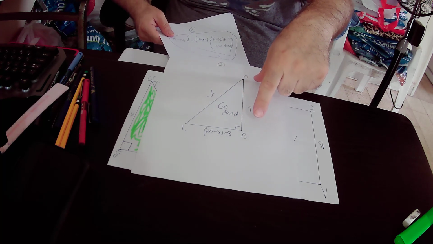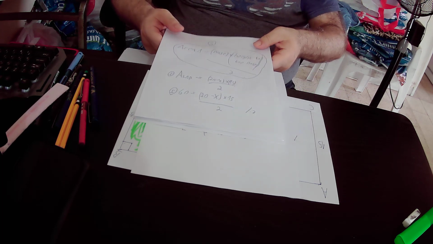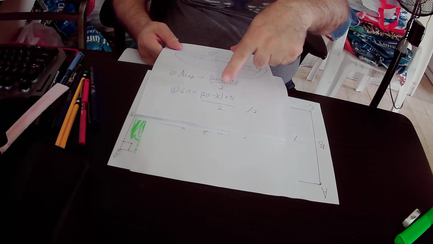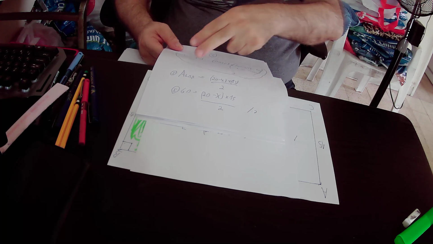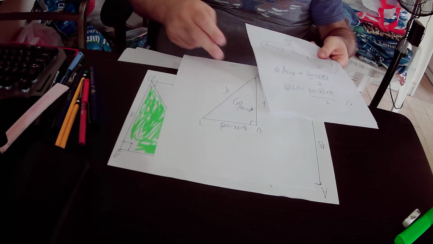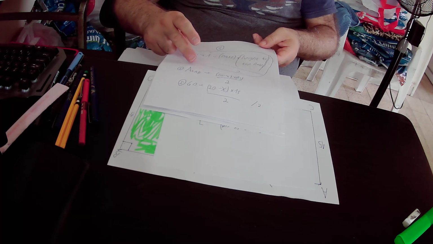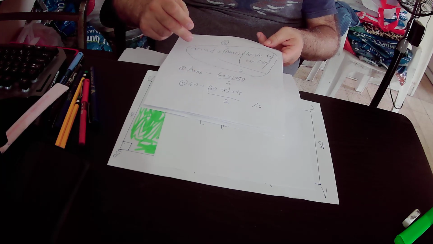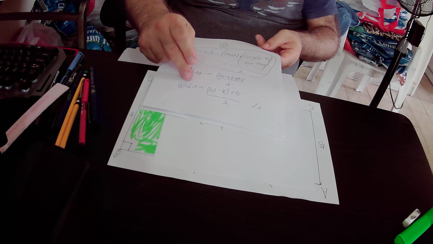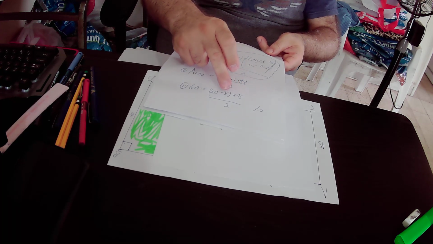So the area of triangle LBD is the base, 20 minus x, times the height, 15, over 2. And we know that the area of triangle LBD is 60 units squared, so we substitute the area by 60. We got that 60 equals (20 minus x) times 15 over 2.